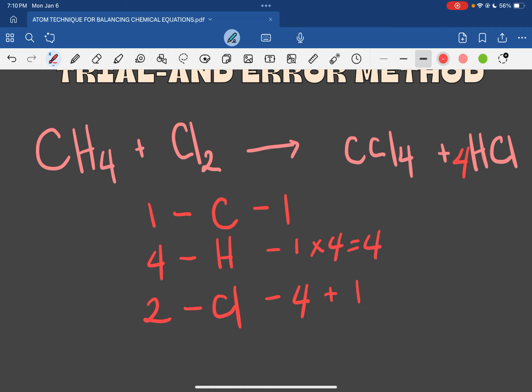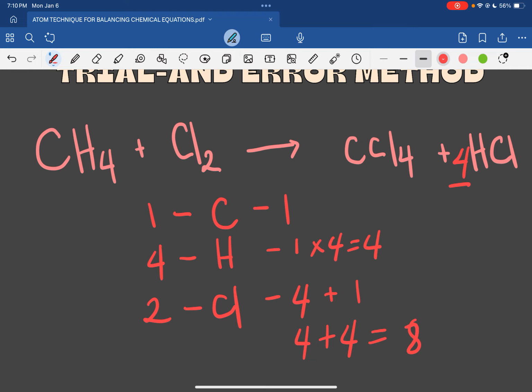Then we're going to put 4 in here too, because as we can see, if we put 4 in the hydrochloric acid, we will have 4 plus 4, which is 8 atoms of chlorine.